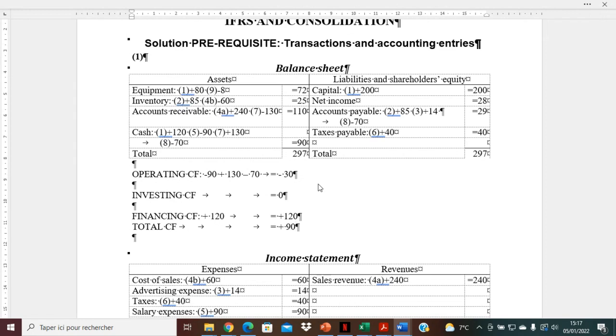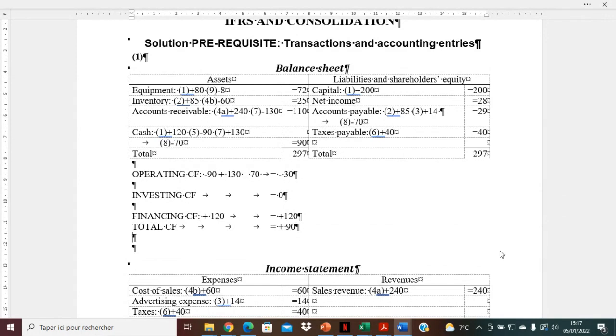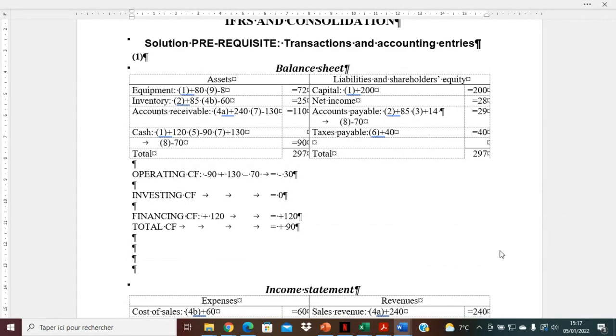And then usually this plus 90, I will check it with the numbers that I actually have in the balance sheet. Therefore, I will compare cash at the beginning of the year and cash at end of the year.